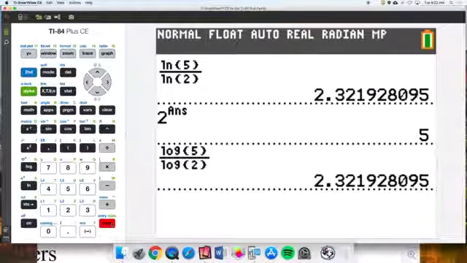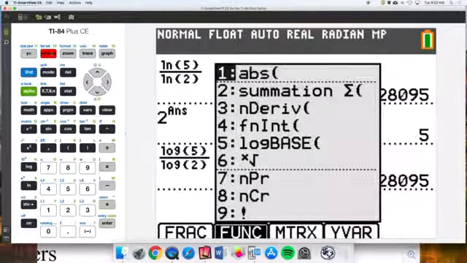All right. Now, having shown that to you, this is how I want you to do it because it reinforces the change of base formula, which we are actually going to use in a different capacity for transformations. But if you hit alpha window, that's alpha F2, this is a nice little menu.